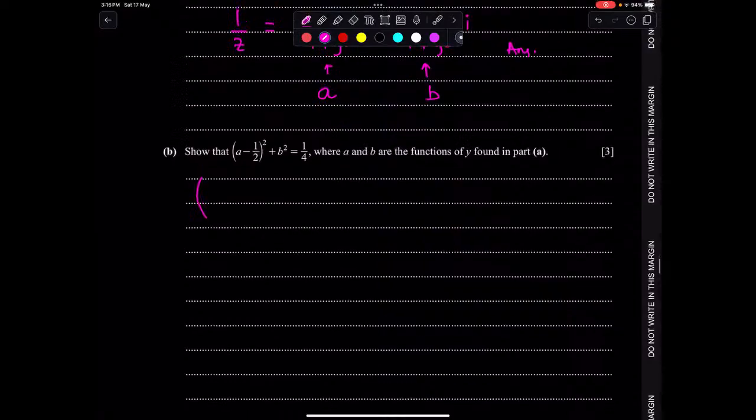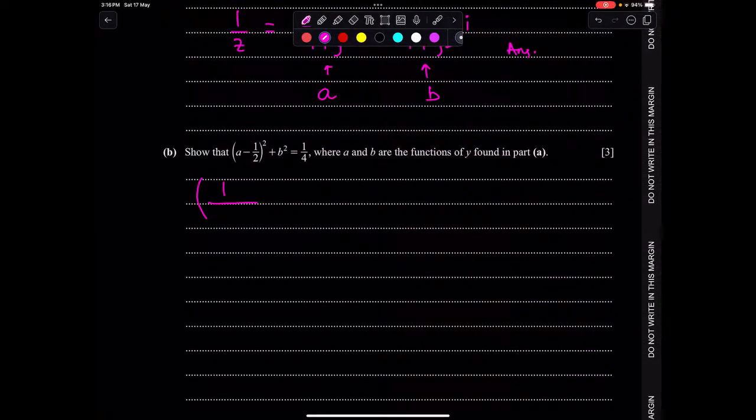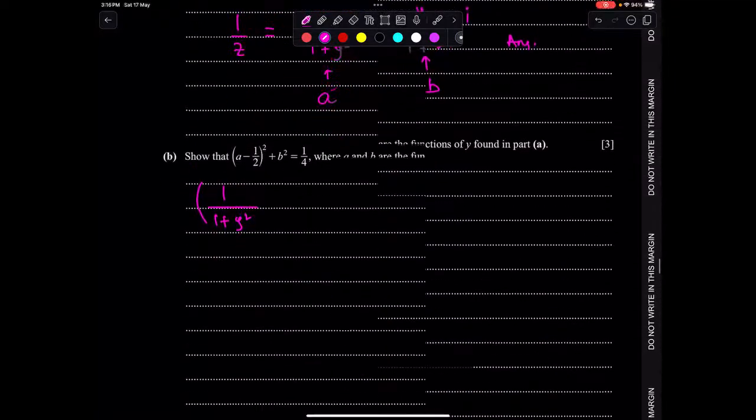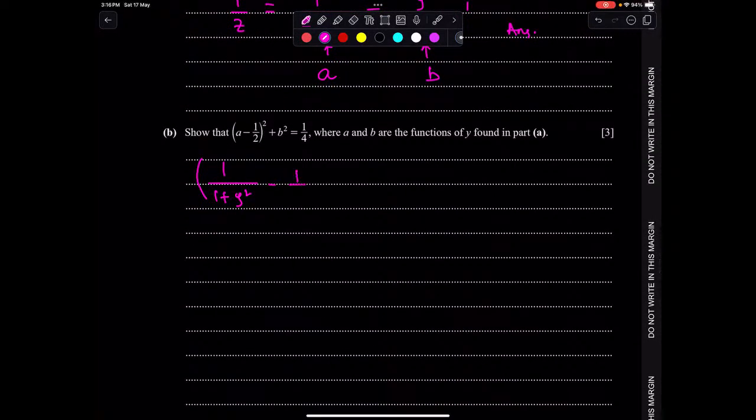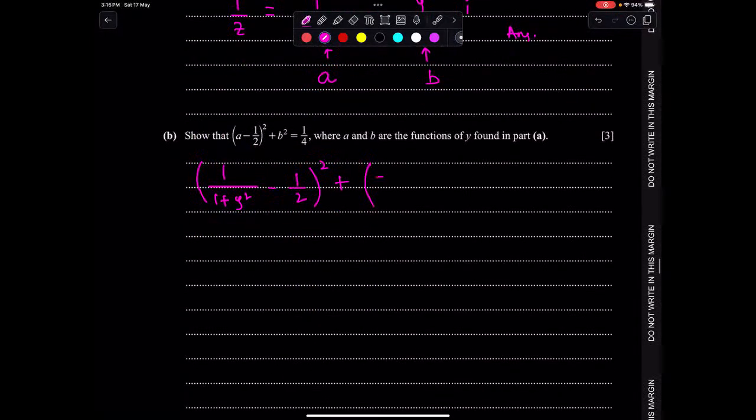So a is 1 upon 1 plus y square minus 1 upon 2, and b is minus y upon 1 plus y square, whole square.